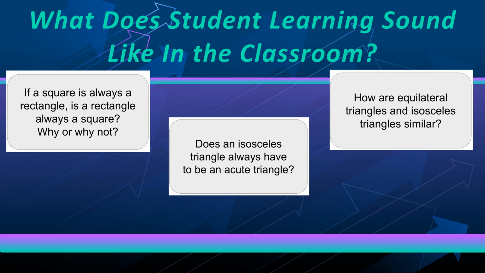The answer is no. It could be right, acute, or obtuse. Finally, the question asks, how are equilateral triangles and isosceles triangles similar? An equilateral triangle is a special type of isosceles triangle. They both have at least 2 equal sides.